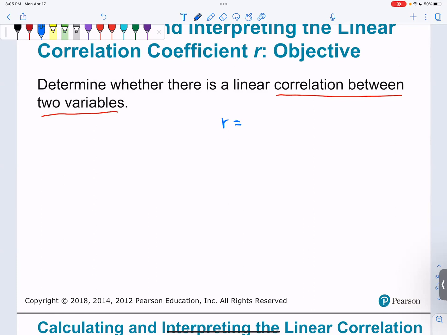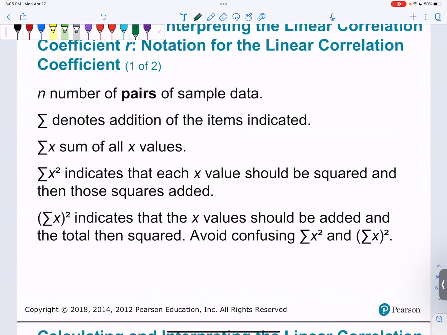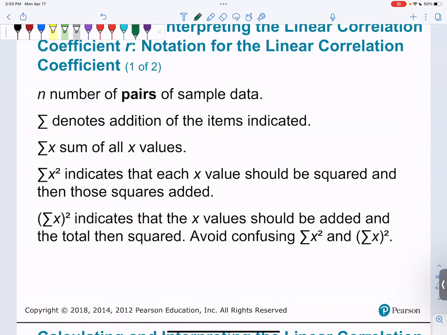So the coefficient of correlation R is just studying the linear relationship between those two variables. So here we have some notation. N will be the sample size. So it will be like this here, X and Y, the data, and we have some values here. The number of those values will be N.